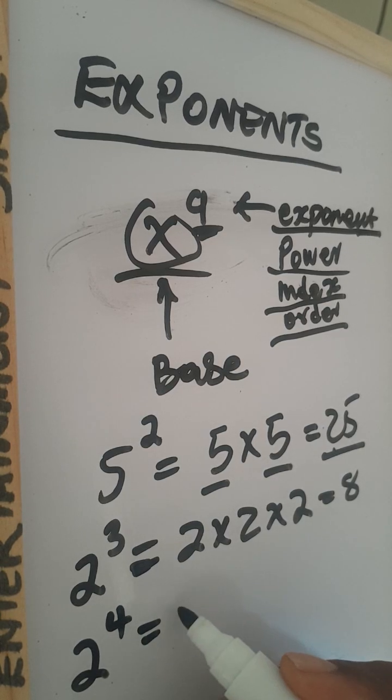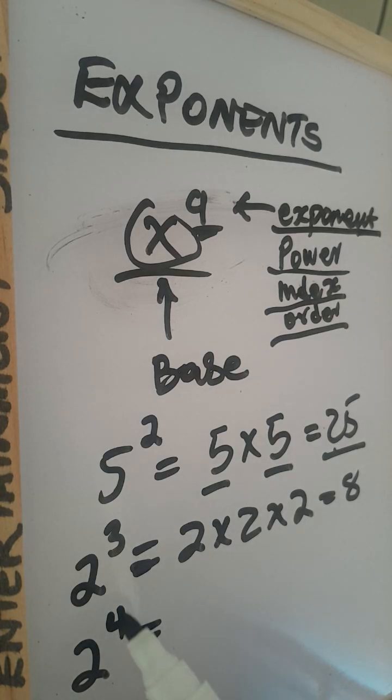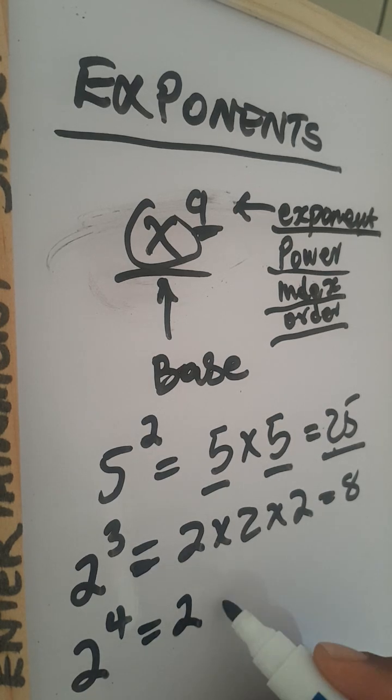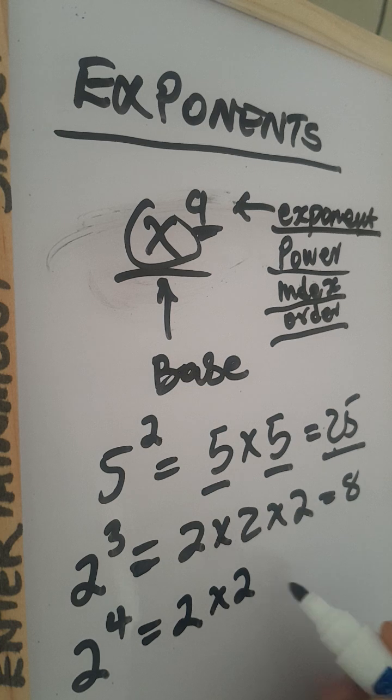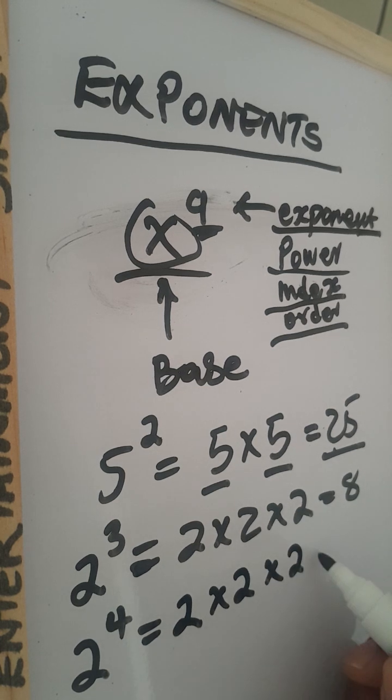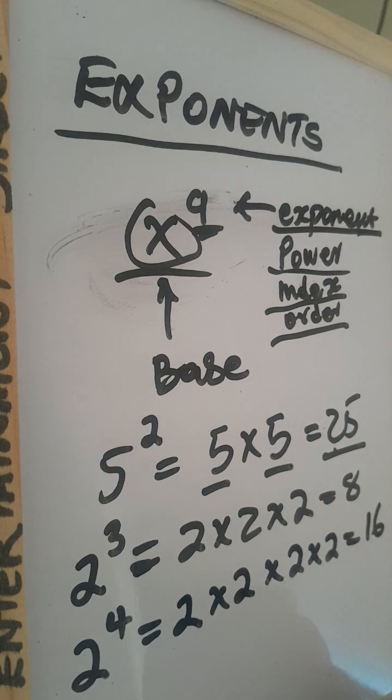To make it simple, because you see here 2 multiplied itself 3 times, this time around it will multiply itself 4 times. So it is 2 multiplied by 2 multiplied by 2 multiplied by 2, which is equal to 16.